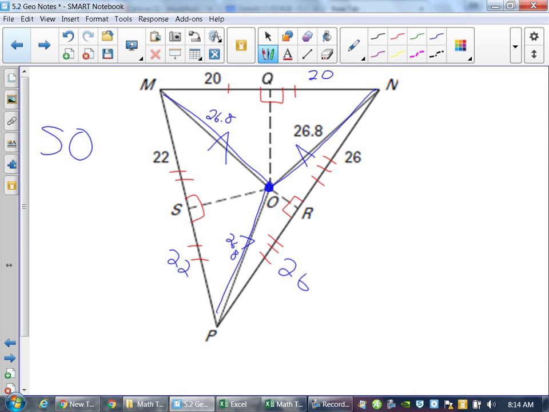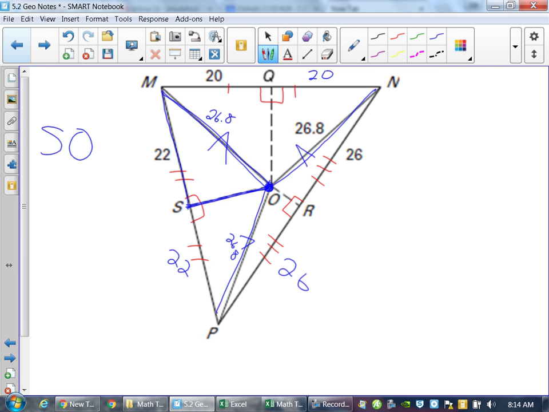Is there a theorem you can use? If I'm asking you to figure out what this is here, that is part of that triangle. I'm not dealing with angles here. I have a segment here at 22. I have a segment here at 26.8.